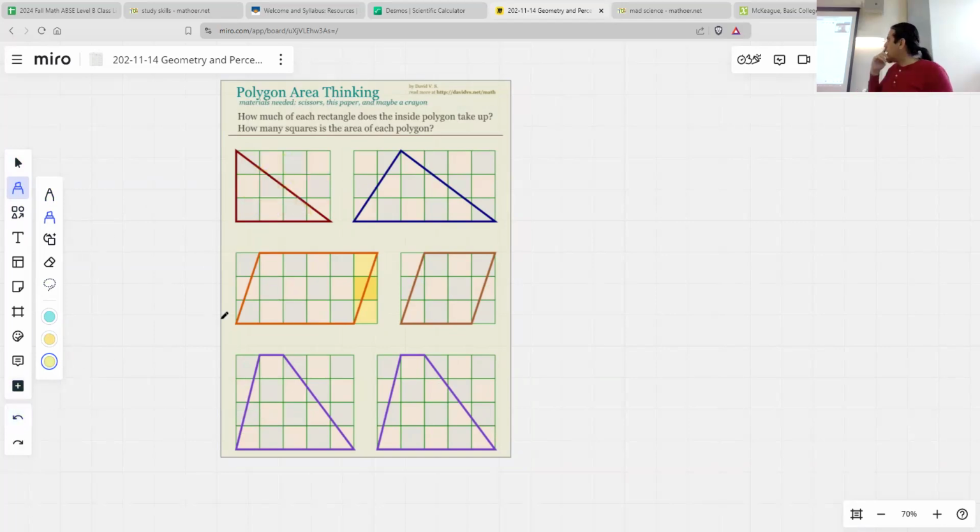For triangles where the top isn't one of the corners, there was the thing we did with scissors. We said, oh, I can take this part and cut it off and move it to be over here.